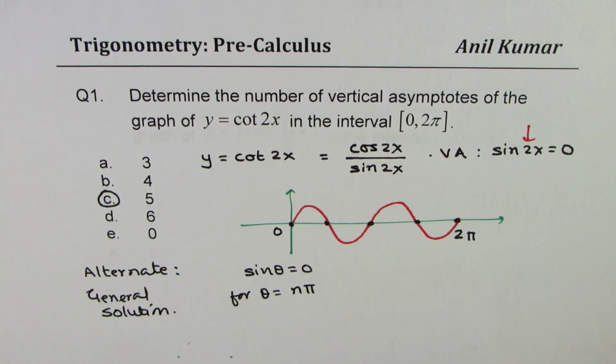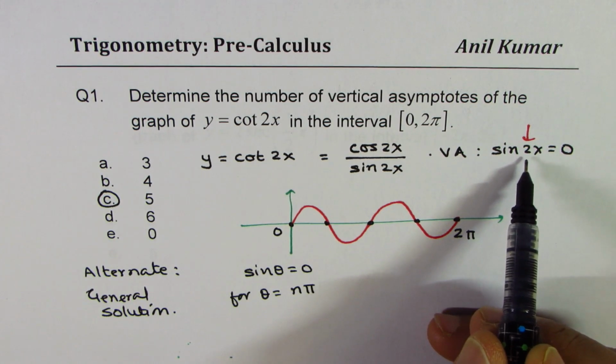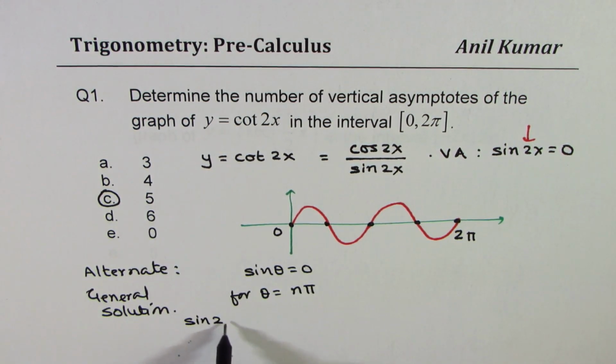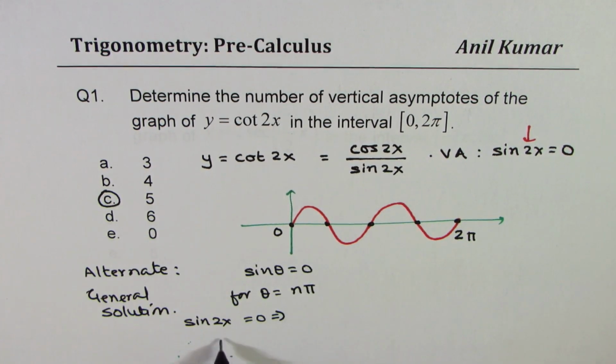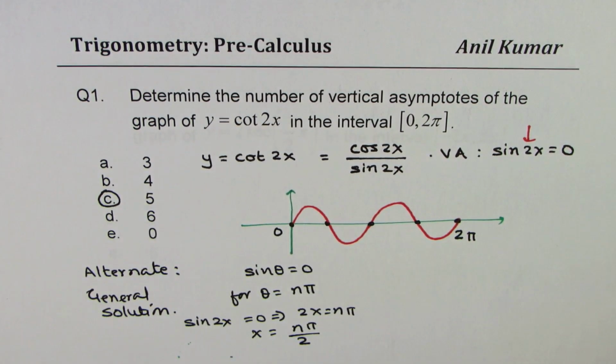So that is in general. In our case, theta is 2x, right? So 2x is n pi. For sine 2x equals 0, that implies 2x equals n pi, or x equals n pi by 2, right? So x is n pi by 2.